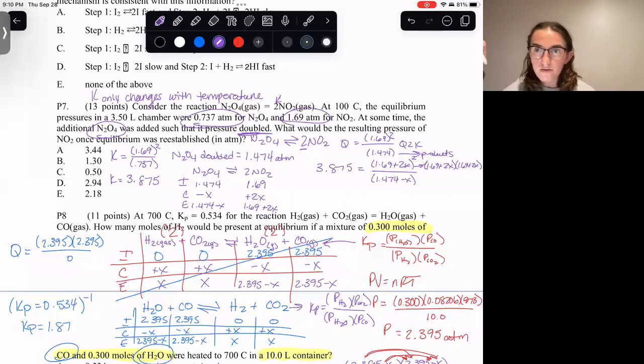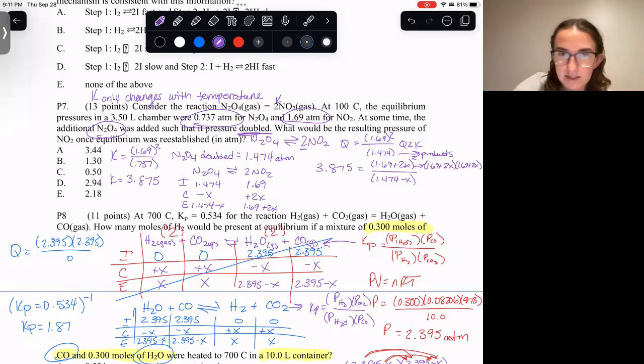When I did this, I get about 2.06 after the quadratic formula, because you're going to solve for x, and then you need to add that to the 1.69 plus 2x. Oh, and I realize right now in my answer key, because I'm looking at this to make sure I'm doing things correctly, I only put plus x in my ICE table and not plus 2x, and so that's why I have a slightly different answer.